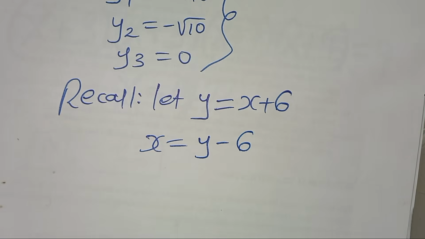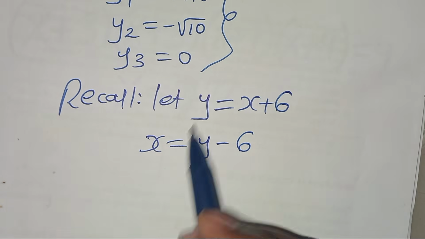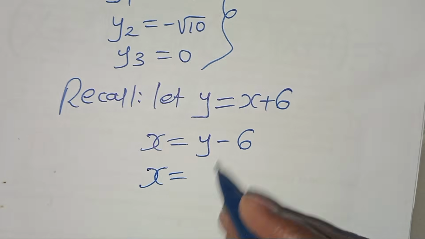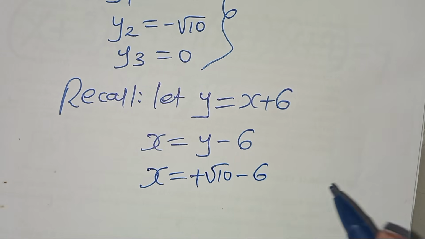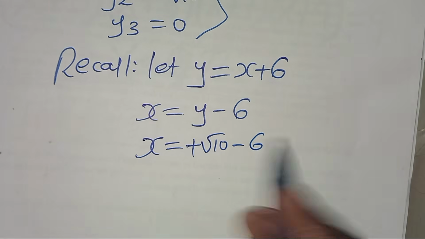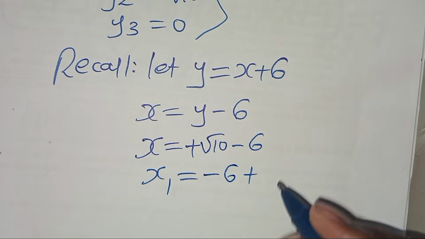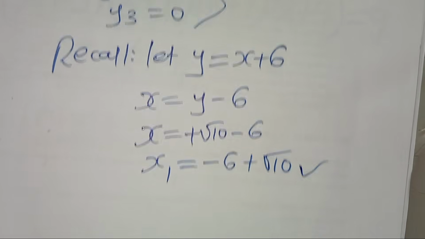So that means that from y1, which is positive square root of 10, x is equal to square root of 10 subtract 6. Or rather, we can write this as x1 is equal to negative 6 plus square root of 10. So this is the first value of x.